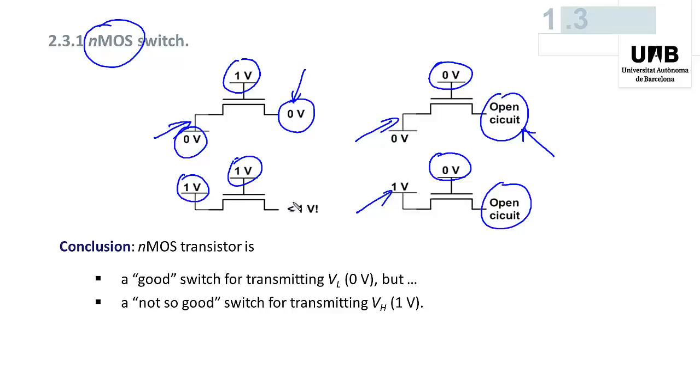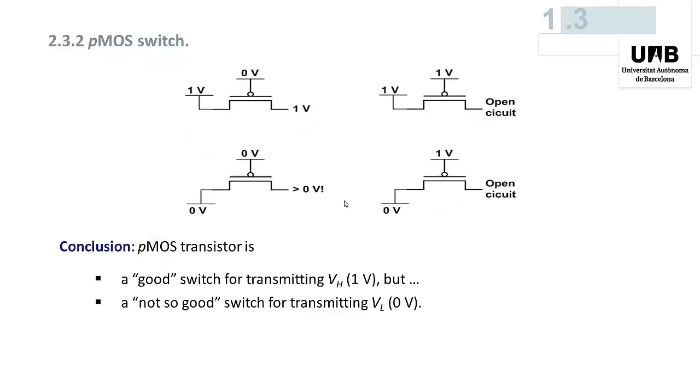It's greater than 0 volt, but smaller than 1 volt. So the conclusion is that this type of transistor, NMOS transistor, is a perfect switch for transmitting the low level 0 volt, but is not a very good switch for transmitting high voltage level, 1 volt in our case, as in this second experiment.